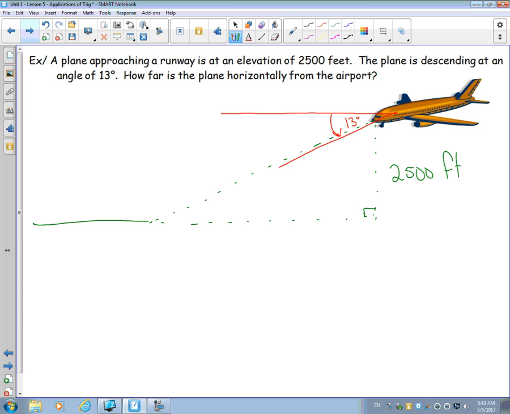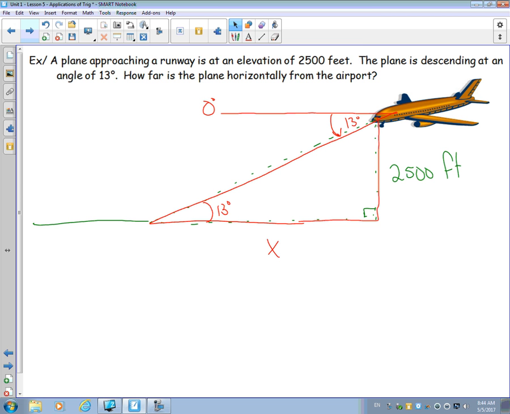But if I use the idea of a Z pattern, I can put it into my triangle by putting it down here. And that's a really big idea. Horizontal is 0. If it kept on going straight, the difference between that is your angle of depression. We want to know how far this plane is horizontally from the airport.